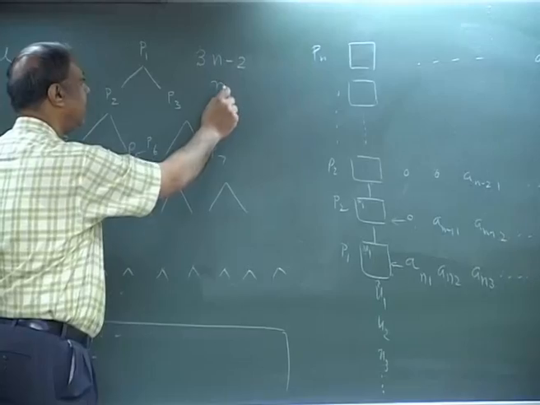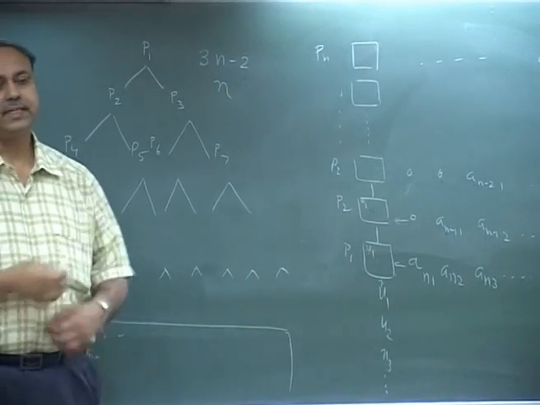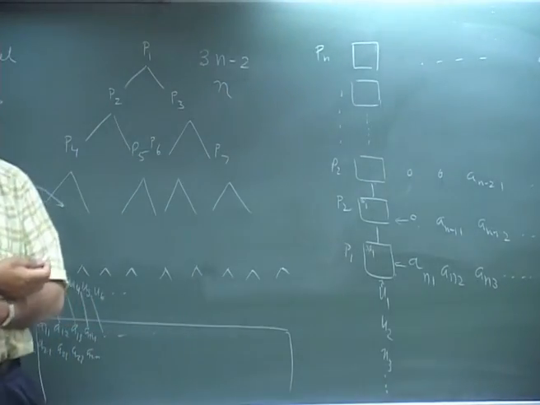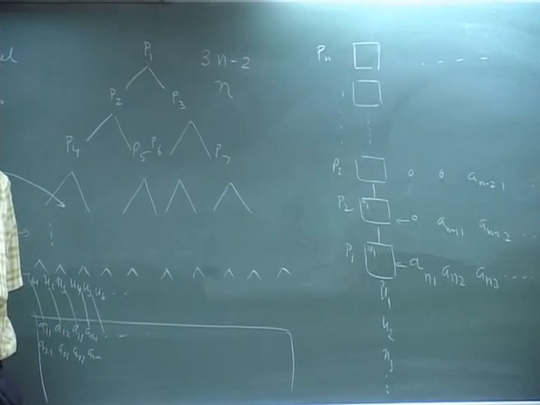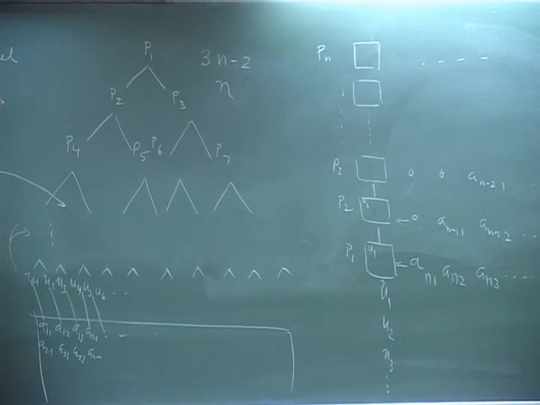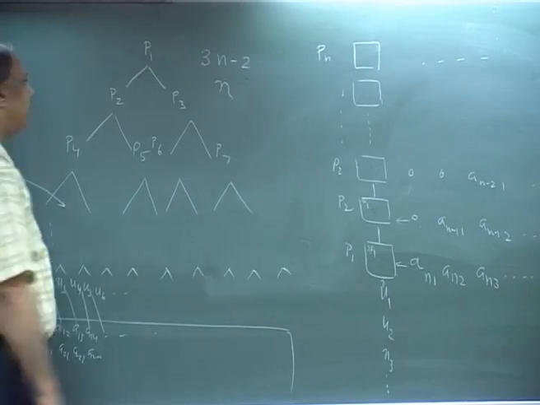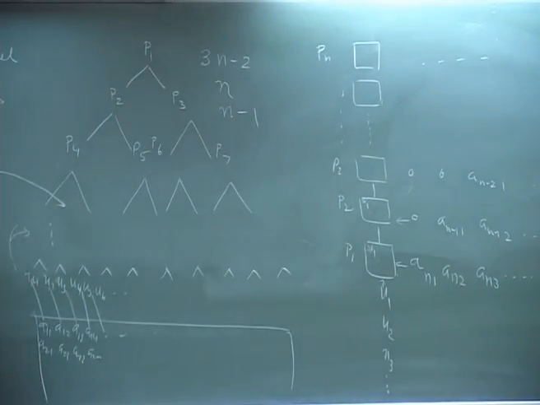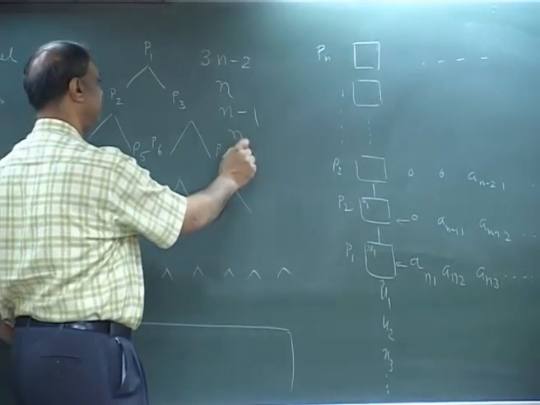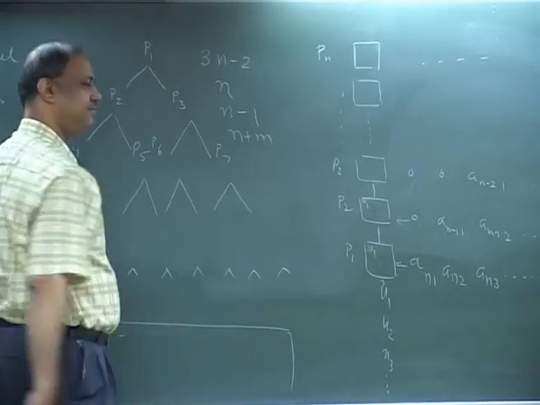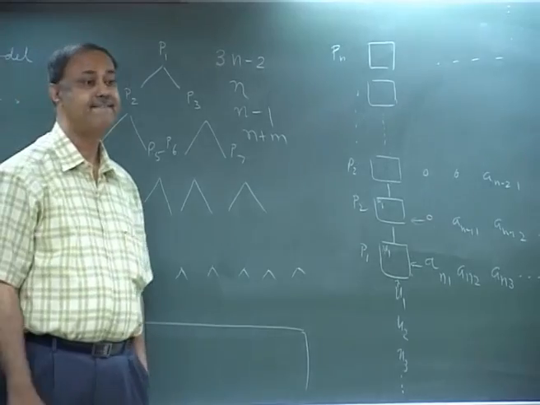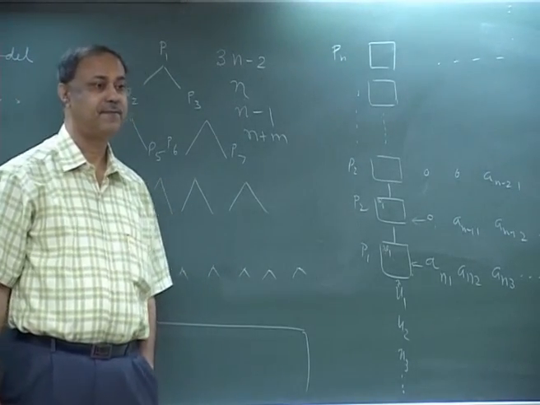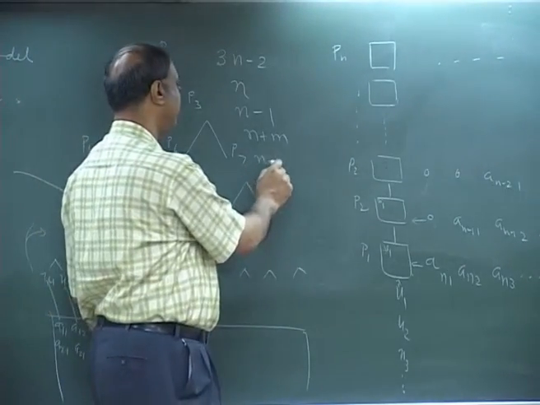N iterations, you will be getting the final result. Any more? N minus 1. After n minus 1, you will be getting the final result. N plus m. N minus 1 plus m.